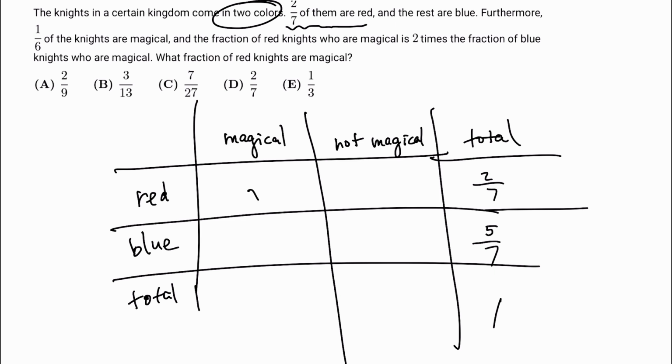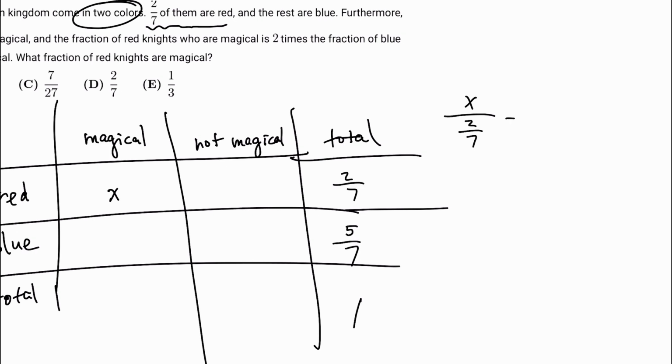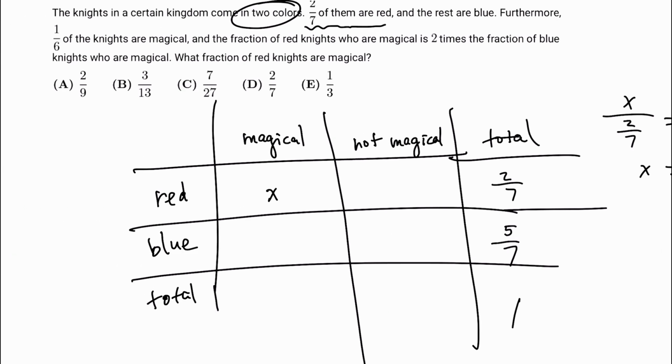So let's say this is x, so the fraction will be x divided by 2/7. Who are magical is 2 times the fraction of blue knights who are magical. Well, let's see. If we have this as a, then we can see that x is just 2/7 a, which means that our magical spot will be 2/7 a.